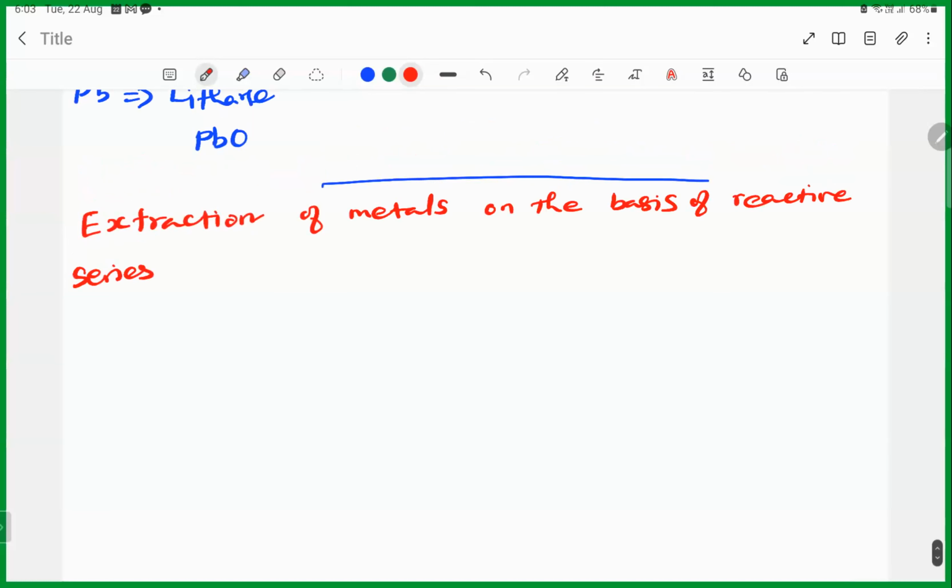Okay, so first one, extracting metal low in the active series. So generally what they do is take the metal, use heating, convert it into oxide, and that oxide they will convert into the corresponding metal by reduction. Second one, the middle active series metal, they will do calcination or roasting. For the highly active series, they will do electrolysis. This is the way by which they separate metals from the ores.